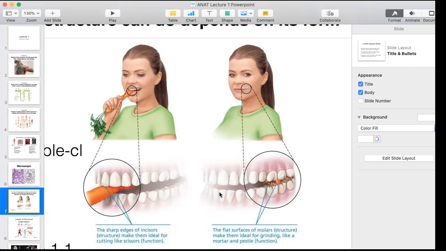They're suited not only for breaking down plants, but also tough animal tissue as well, which is why you're able to enjoy a steak, because even though we don't have the tearing and ripping ability of a wolf, which I don't think would enhance our social lives, we do have teeth that are okay at eating plants, but also okay at eating meats. So we can assume by the structure of our teeth that we are omnivores.